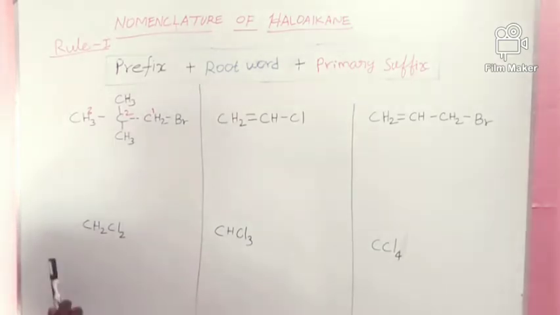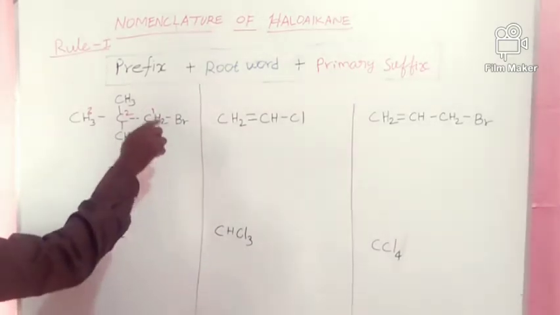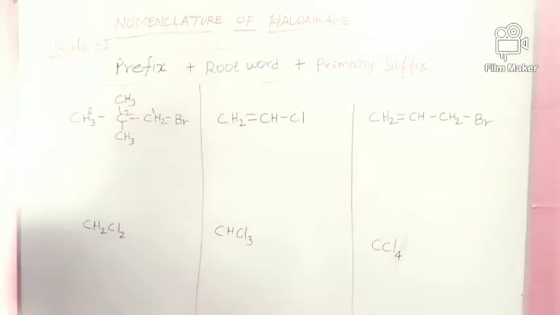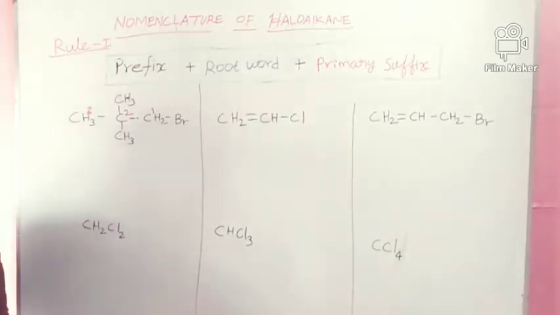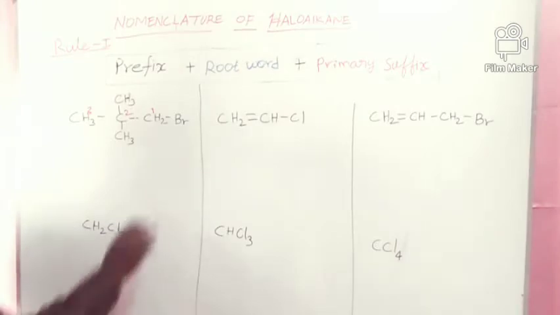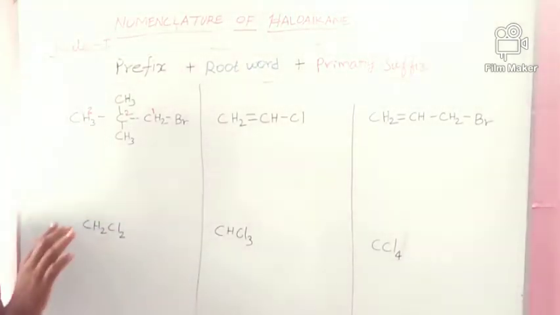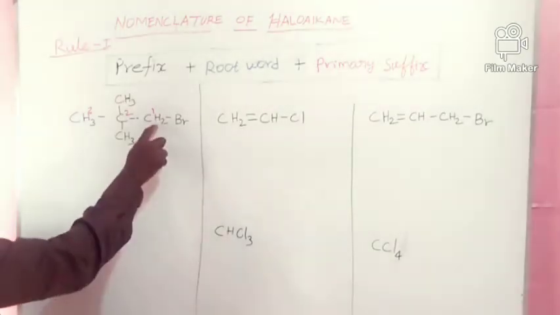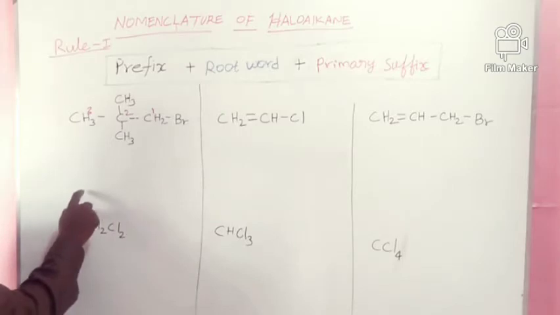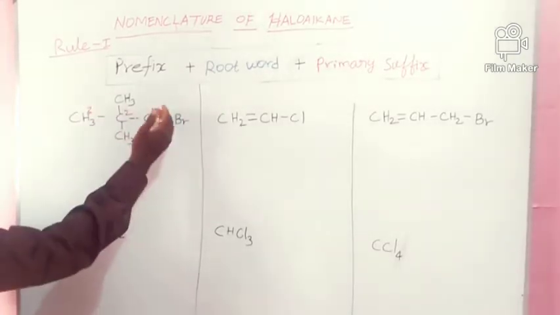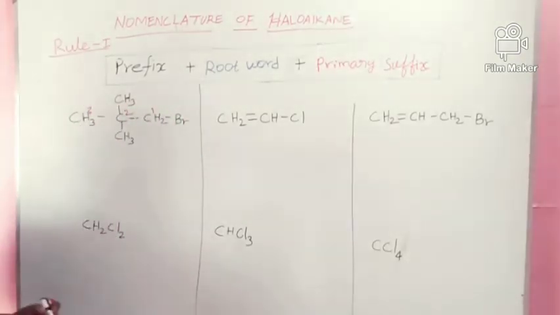See, always give the number where the bromine is. The neighbor carbon of the bromine is 1. Here, if you give number 1, 2, 3 from the other side, it is wrong. The rule is that bromine is also considered as a substituent and you have to give the lowest number, starting from the neighbor carbon of the bromine. So this carbon is a neighbor of the bromine, this carbon is far away. So you have to number from there to here. So 1, 2, 3 is given.